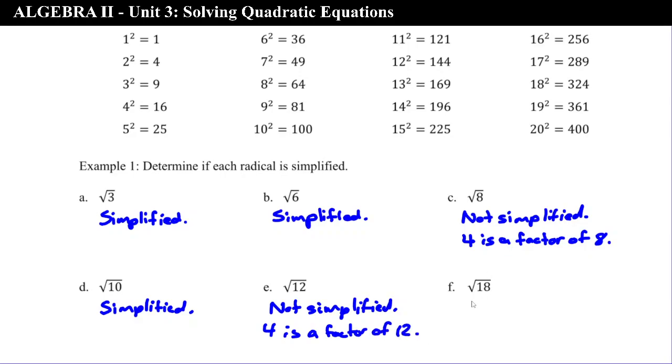And for the square root of 18, 16 won't come out evenly, but 9 will. So the square root of 18 is not simplified, because 9 is a factor of 18.